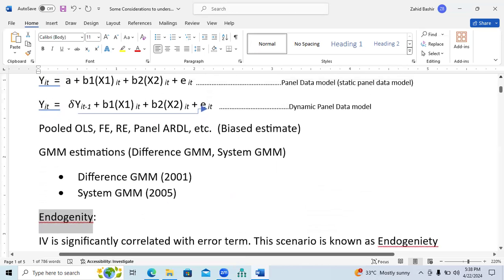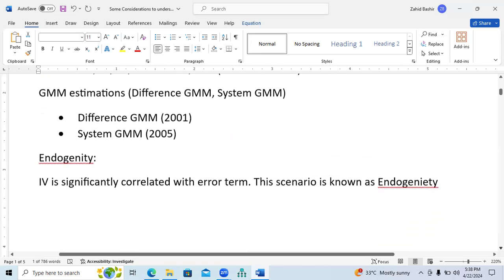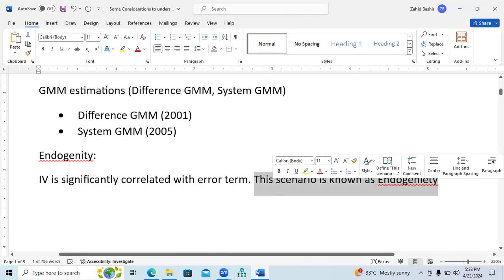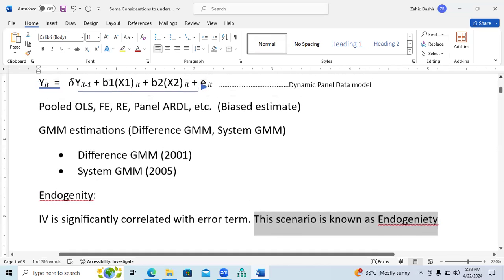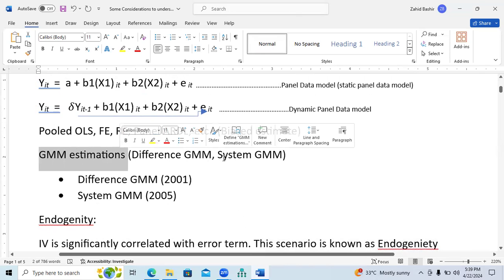As the lag dependent variable has become an independent variable in your model, it would raise the endogeneity issue, because if the independent variable is significantly correlated with the error term, this scenario is known as endogeneity. So endogeneity is the basic consideration that would require you to estimate your dynamic panel data model using GMM estimation, like difference GMM and system GMM.